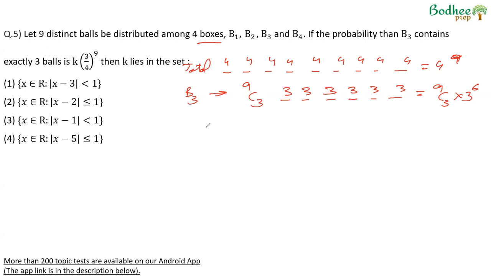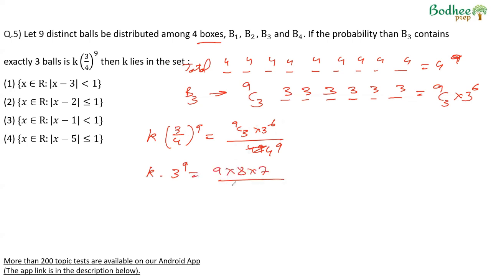It is given that this is equal to K into 3 by 4 raised to power 9. The probability in this case will be 9C3 into 3 raised to power 6 upon 4 raised to power 9. Obviously 4 raised to power 9 cancels. So K into 3 raised to power 9 becomes 9 into 8 into 7 upon 3 into 2 into 1 into 3 raised to power 6. 3 raised to power 6, 3 raised to power 3 cancel.